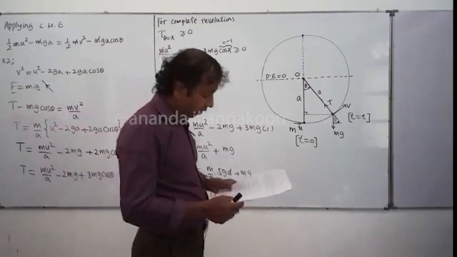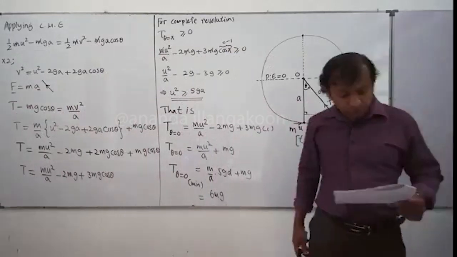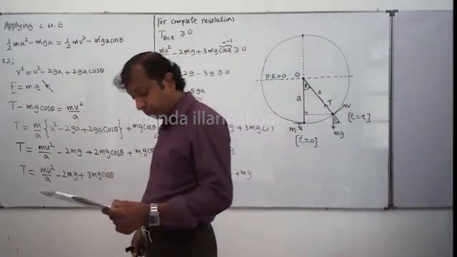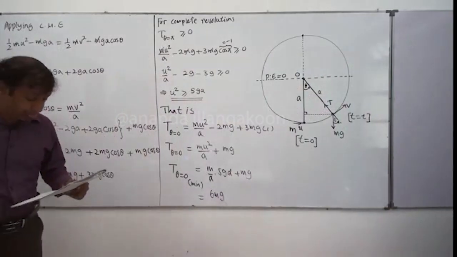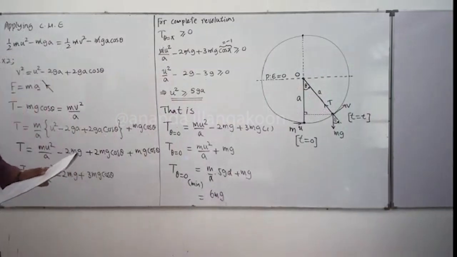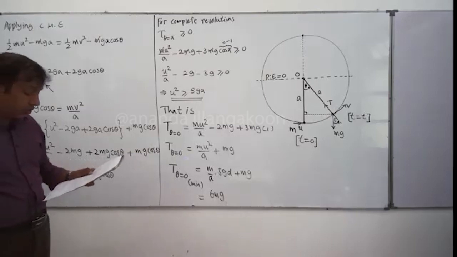That's the answer. Okay. Now, part B is asking, if U squared equals 7GA by 2, so that the particle leaves the circular path at a height 3A by 2 from its lowest point, and after moving a time this much in the gravity, it reaches the initial position.